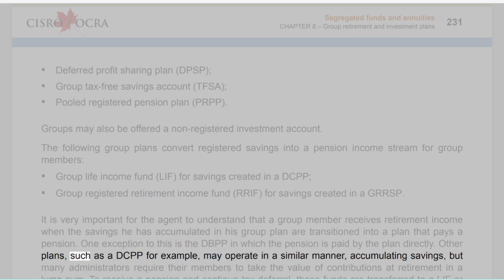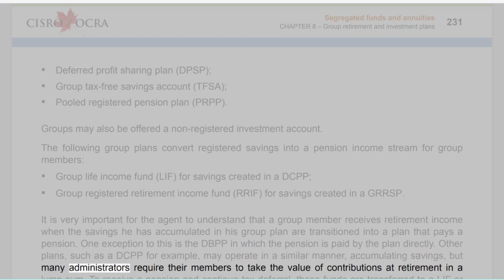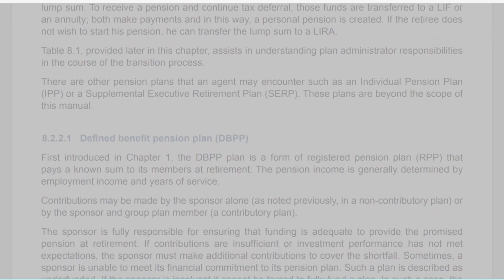Other plans, such as a DCPP for example, may operate in a similar manner, accumulating savings, but many administrators require their members to take the value of contributions at retirement in a lump sum. To receive a pension and continue tax deferral, those funds are transferred to a LIF or an annuity, both make payments, and in this way, a personal pension is created. If the retiree does not wish to start his pension, he can transfer the lump sum to a LIRA.